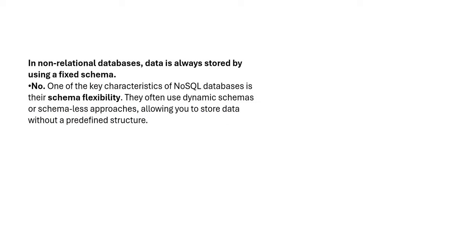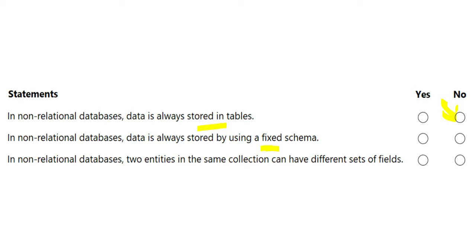So it's like SQL databases. We have schema flexibility, and the schemas are pretty dynamic. In some cases, we have schema-less approach. So the answer in this case is still no. Okay, so you got to understand the reason how we are arriving at the answers. The third one says, in non-relational databases, two entities in the same collection can have different set of fields.